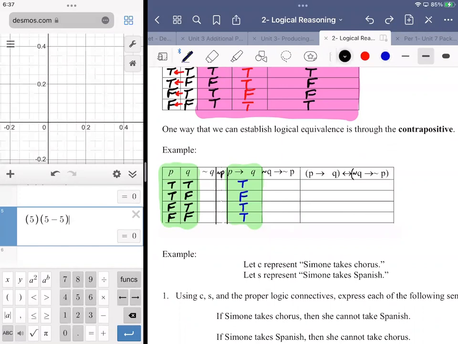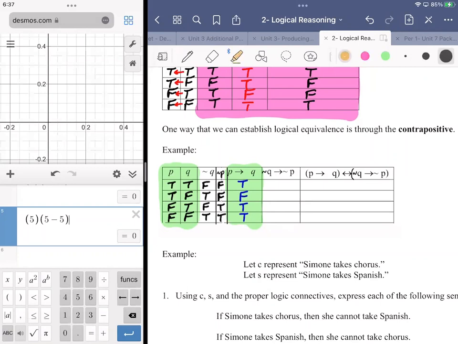But we're looking at not Q as just being the opposite of the Q column. So false, true, false, true. And not P, by that same reasoning, would be the opposite of the P column. So false, false, true, true.